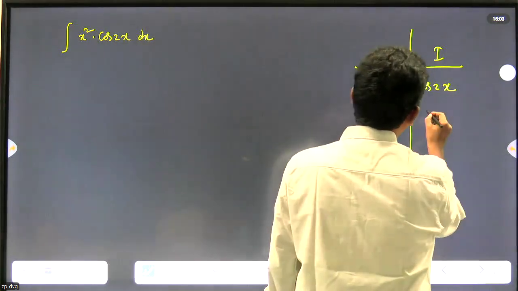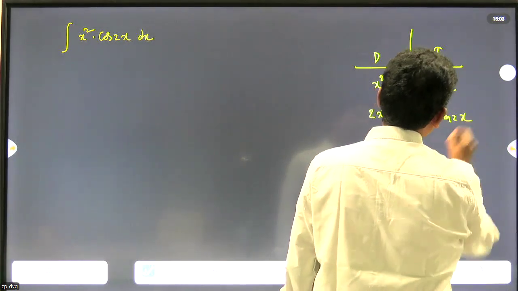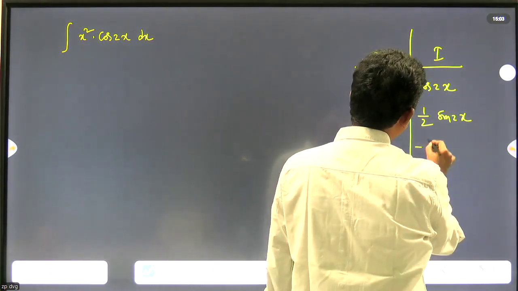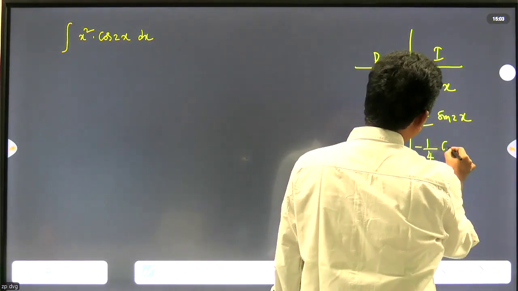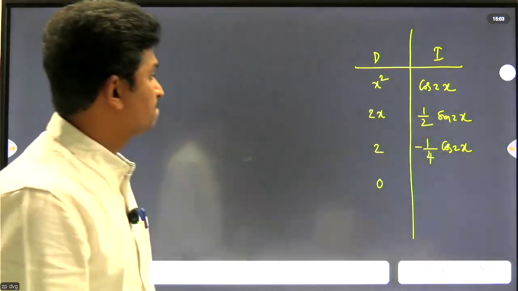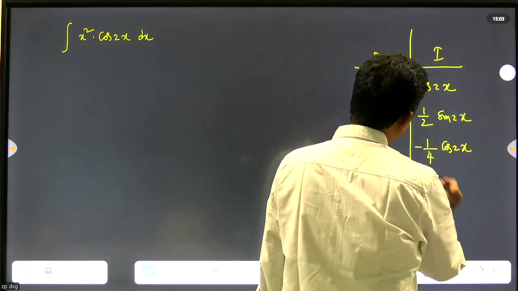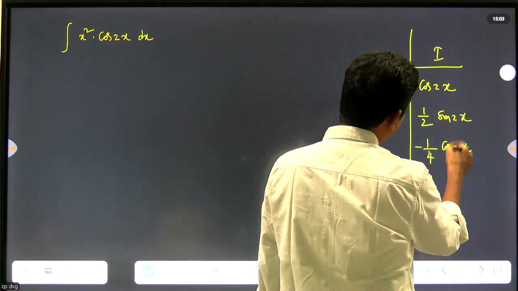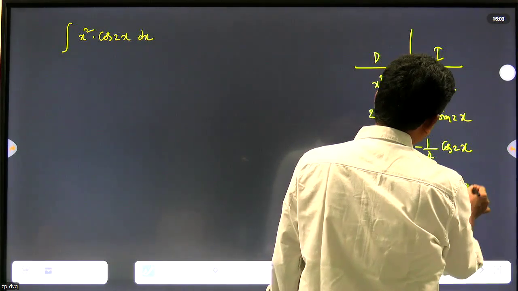Integral of cos 2x is 1 by 2 into sine 2x. Okay, integrate this, what will you get? Minus 1 by 2 into 1 by 2, 1 by 4 into cos 2x. I hope you are understanding, right? Now again integrate this, what will you get? Minus 1 by 2 into 1 by 4 into 1 by 2, that is 1 by 8 into sine 2x.